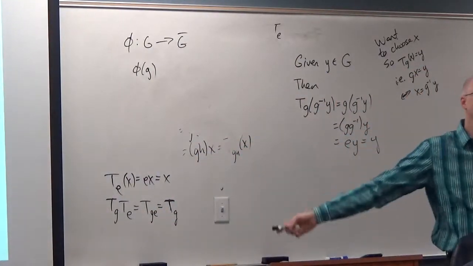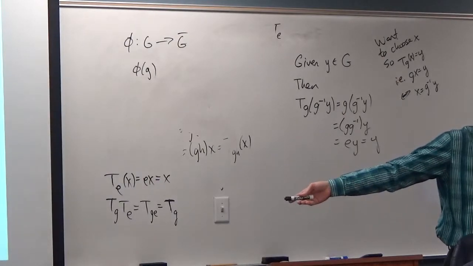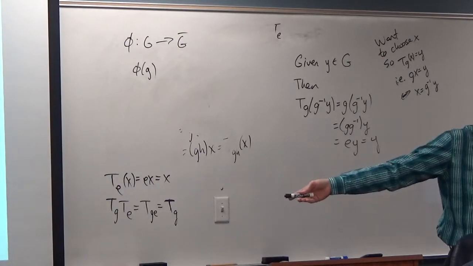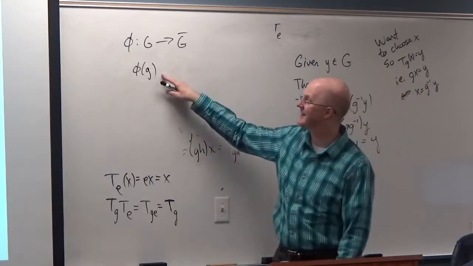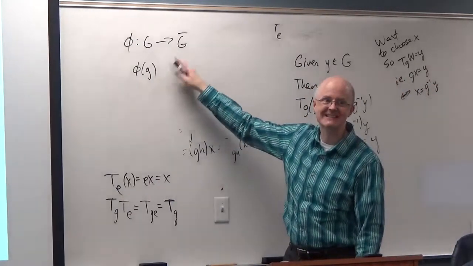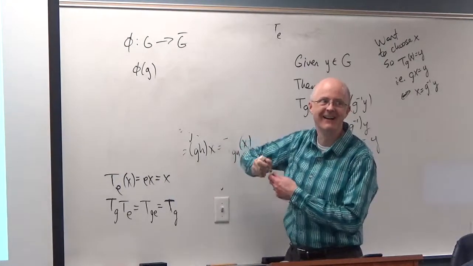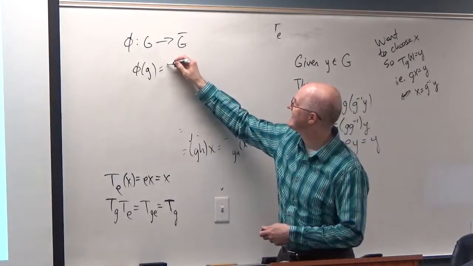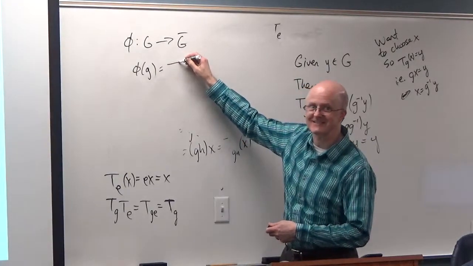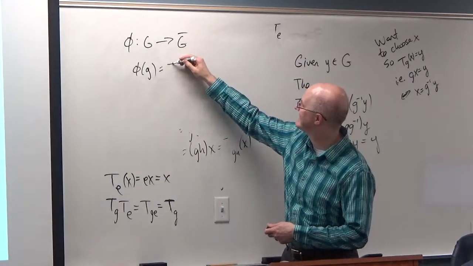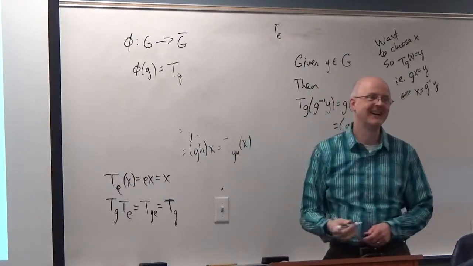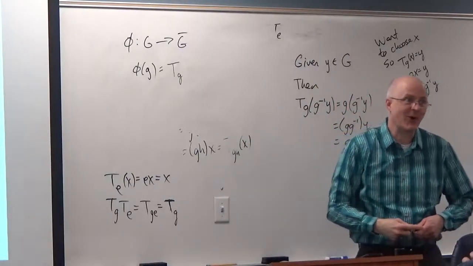What's the only thing you could possibly guess? Just follow your nose. What's the only thing you could possibly guess here? As an element of G bar you want this to map to? Here's a hint. T sub G. It's the only thing that makes sense worth trying.